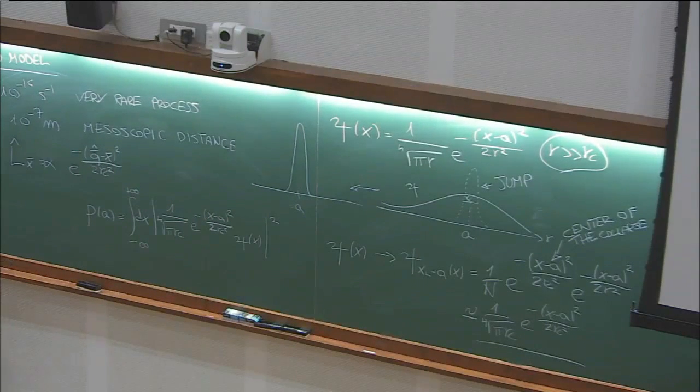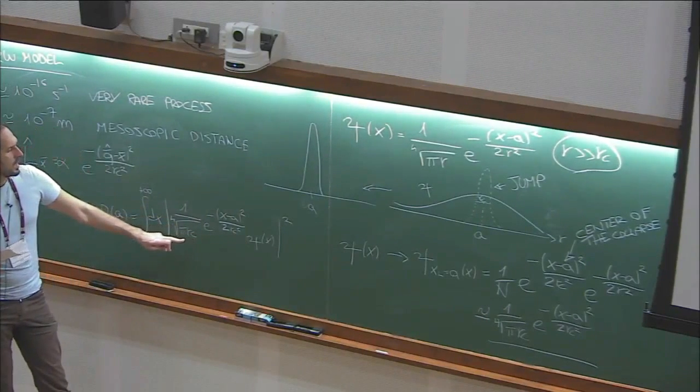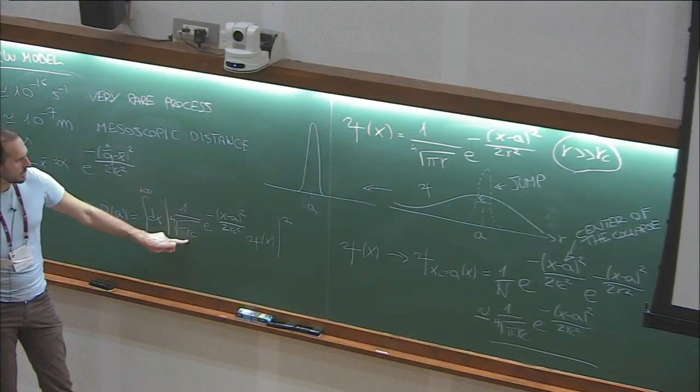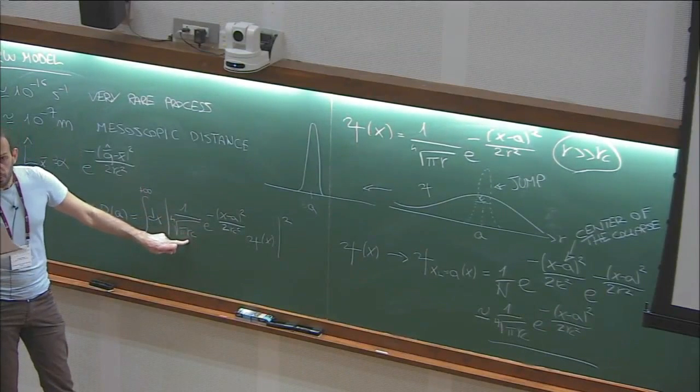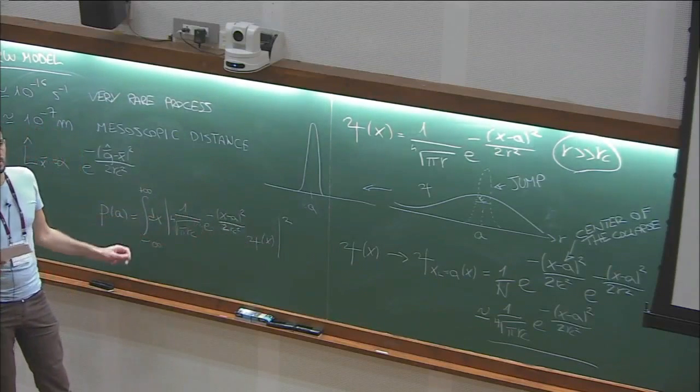That's the probability. So you have to take your initial wave function, multiply it by the localizing Gaussian, and before normalization, you compute the square norm. So the absolute value squared integrated over space.